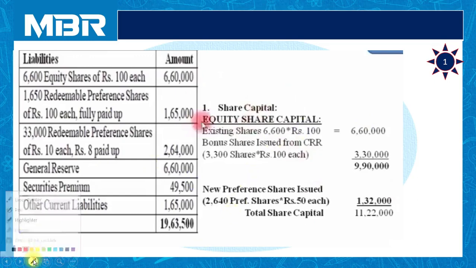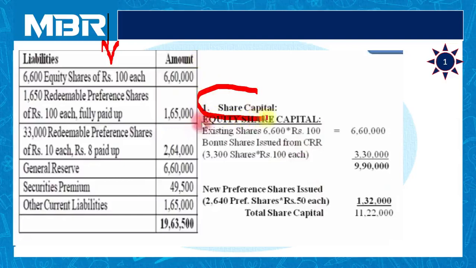If you refer on the left hand side of your screen, you will find the information given by the examiner on liability side of our balance sheet. Using this balance sheet, we have to prepare our calculation of equity share capital and preference share capital so as we can easily prepare note number 1, that is share capital.